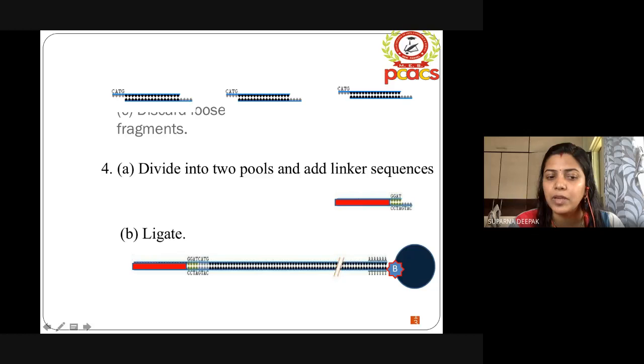Just a second, this pen color. Now see the end of this linker. It is going to match whatever overlap region is there. It is CATG here, and here it is GTAC, which are complementary to each other. So they will get properly ligated to each other.